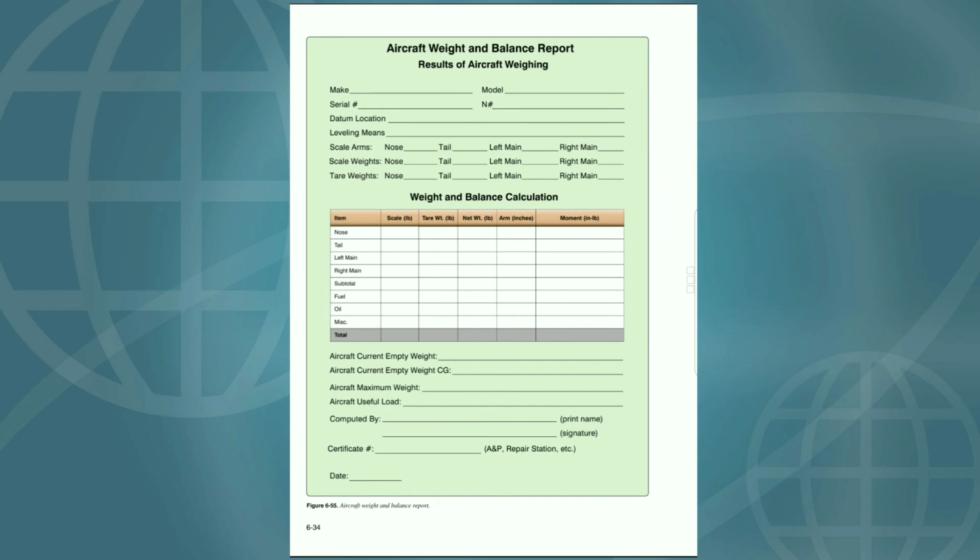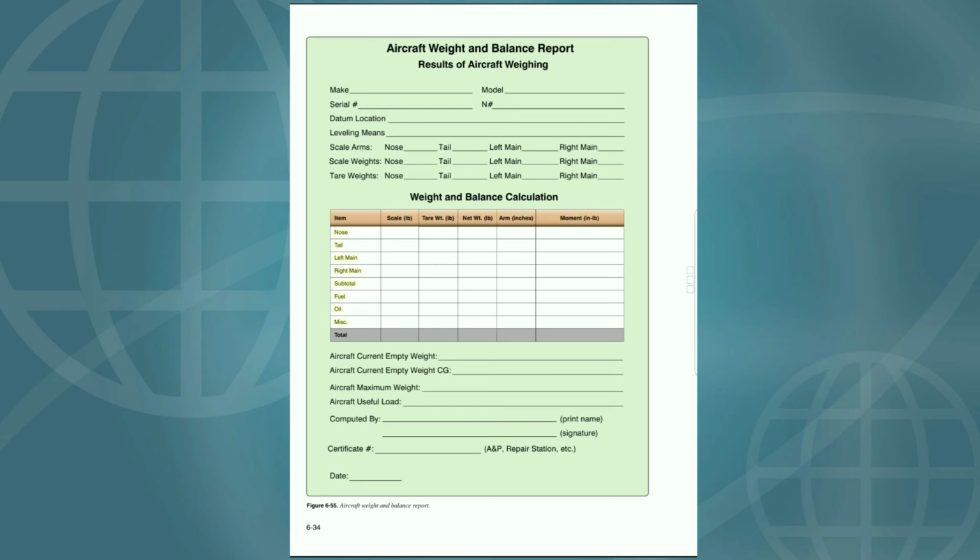Aircraft Weight and Balance Report. Results of aircraft weighing. Make, model, serial number, datum location, leveling means, scale arms. Nose, tail, left main, right main, scale weights. Nose, tail, left main, right main, tare weights. Weight and balance calculation. Item, scale pounds, tare weight pounds, net weight pounds, arm inches, moment in pounds.